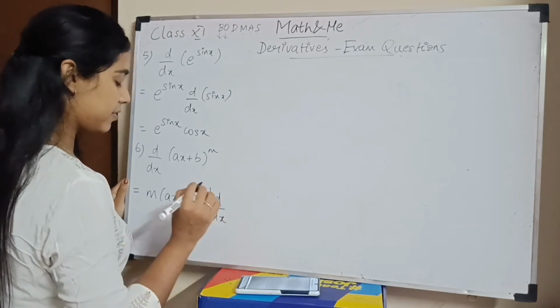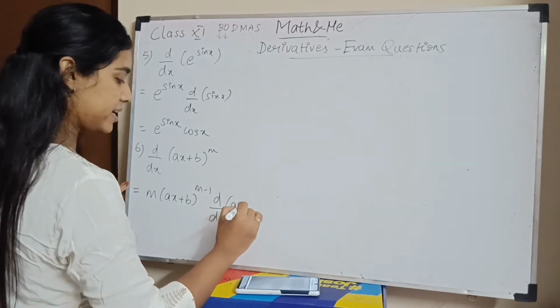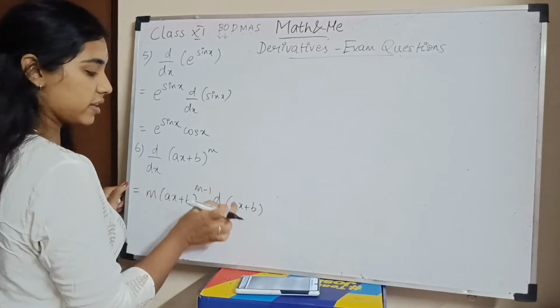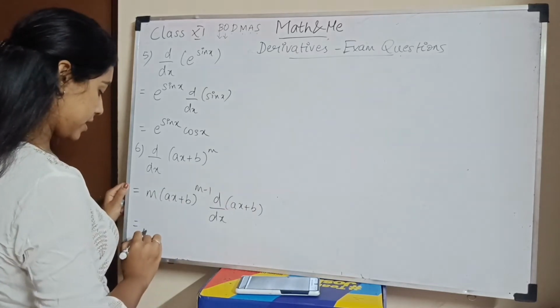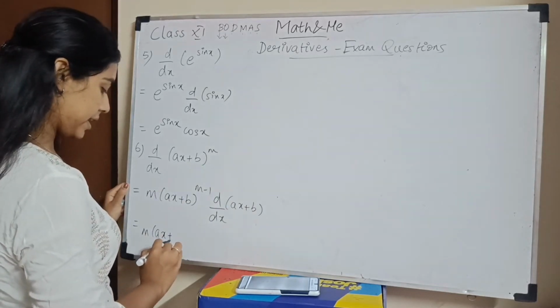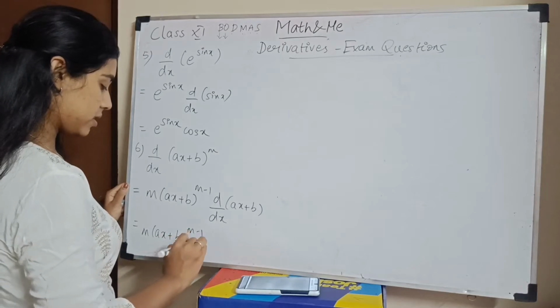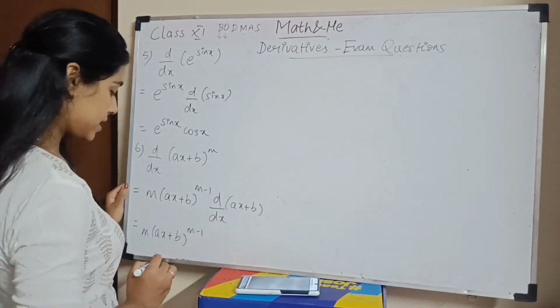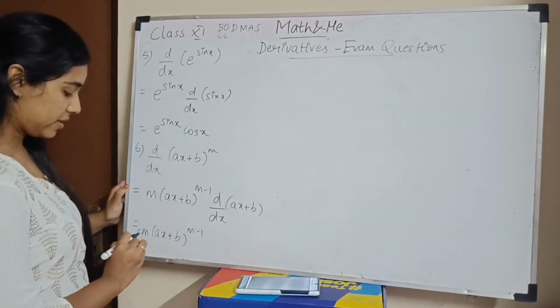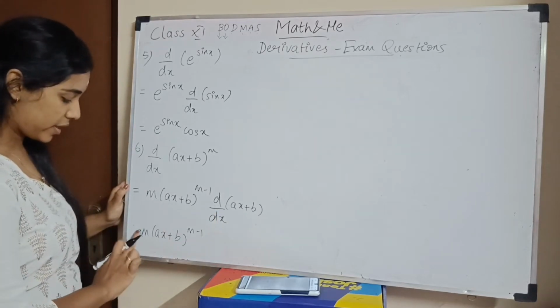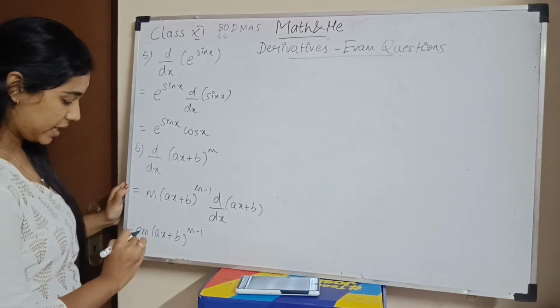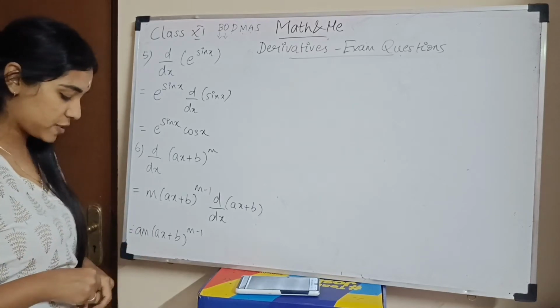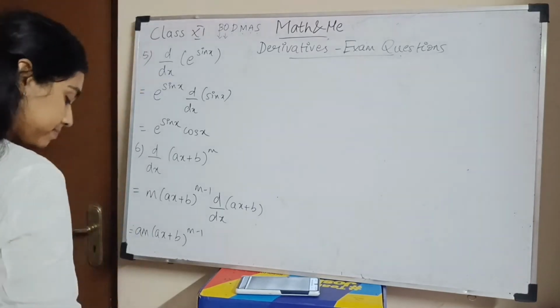In turn, you take the derivative of ax plus b, the function that is inside. So you have m times (ax plus b) to the power m minus 1. d by dx of ax plus b is a. So I am writing the a in the front. Okay. So I have a m (ax plus b) to the power m minus 1.